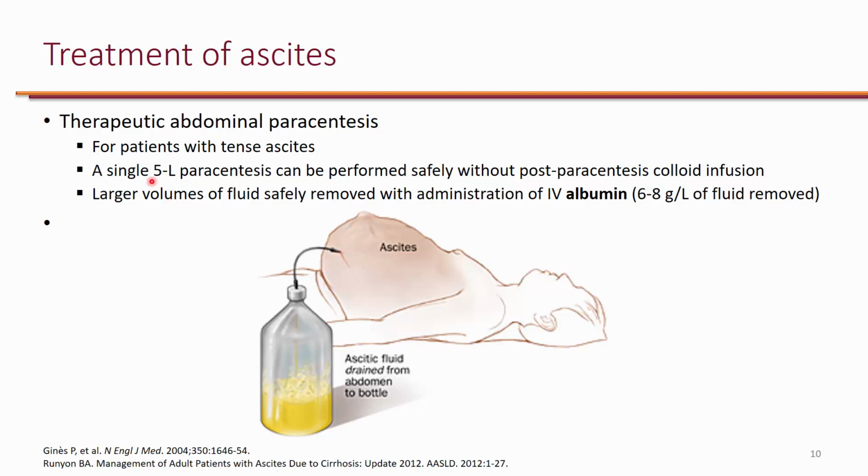For the extra liter beyond 5, you will just administer, for example, 6 grams of albumin. Or if you were removing 8 liters of fluid, you have 3 liters in addition to the 5 liters. So 3 times 6 is 18 to 24 grams, so you will administer about 28 to 30 grams of IV albumin.